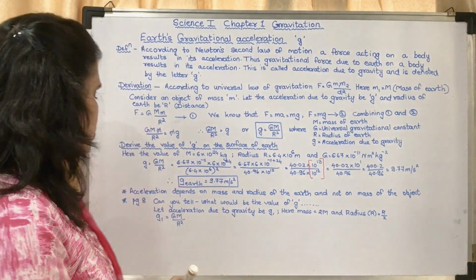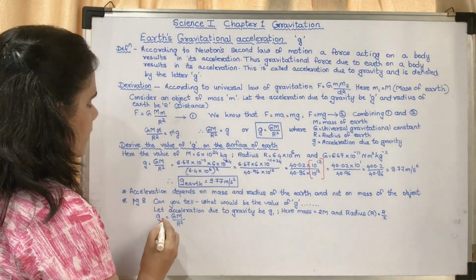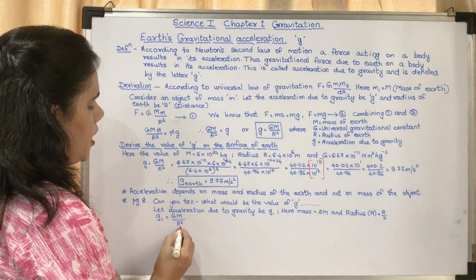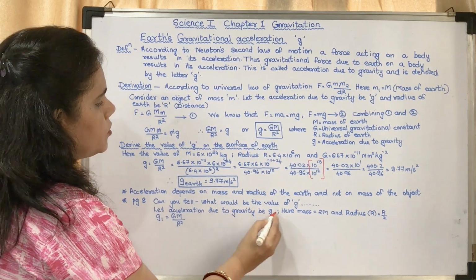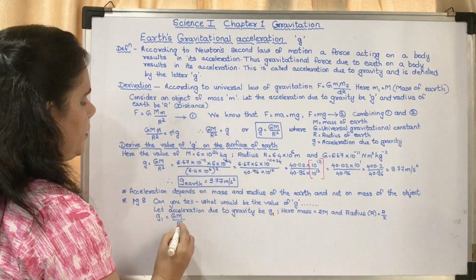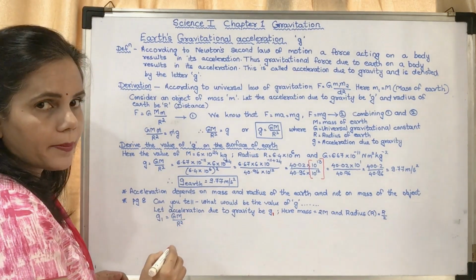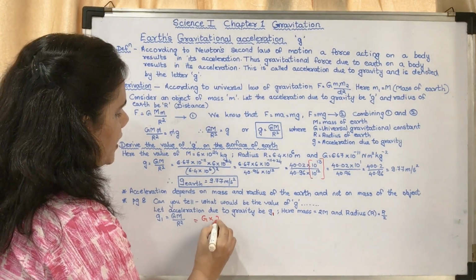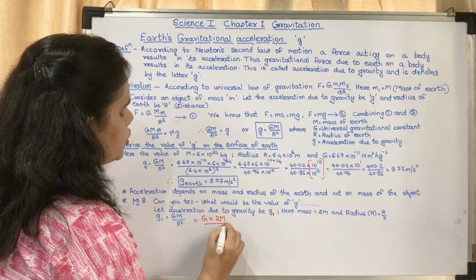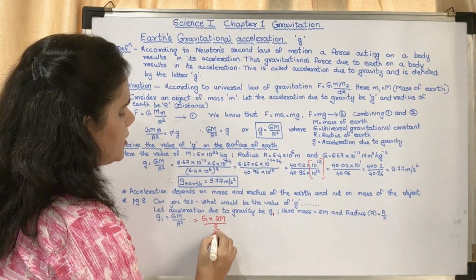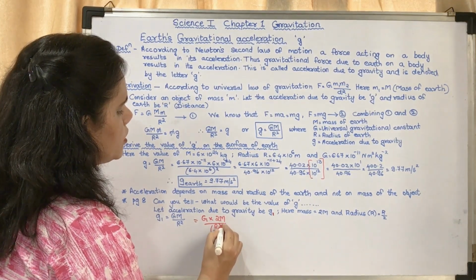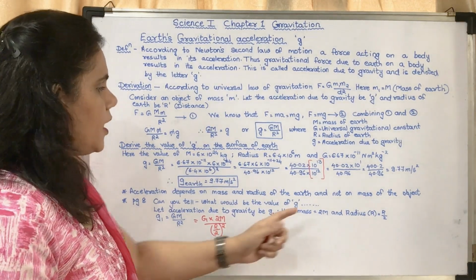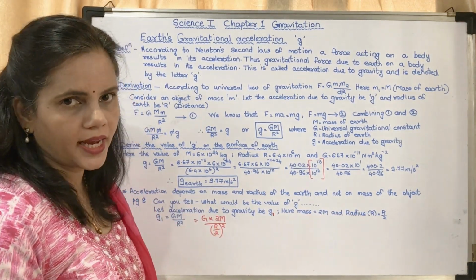I will show you. The equation is g1 is equal to GM upon R square. Let the acceleration due to gravity be g1. Instead of M, I will write 2M, and instead of R, I will write R upon 2 the whole square. I have substituted these two values.